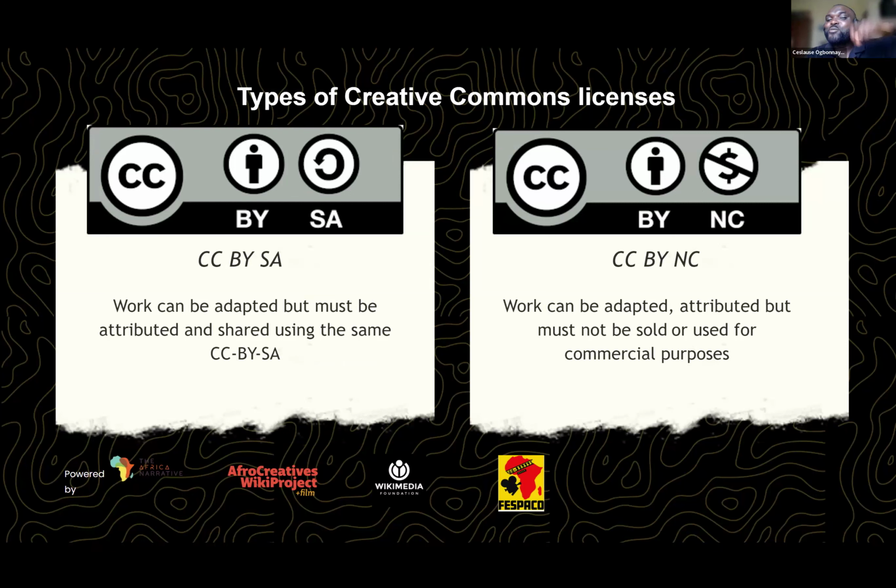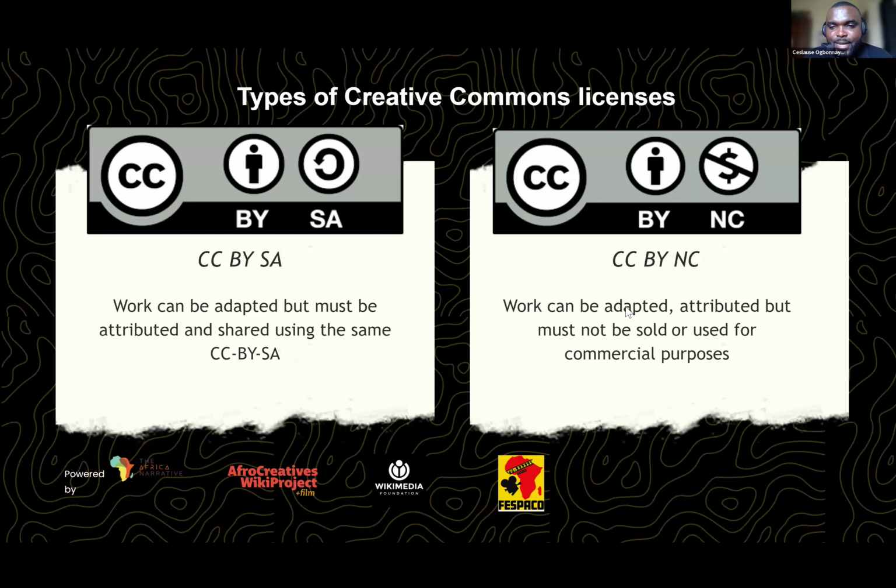And you must share this work again using the same CC BY SA Creative Commons license. You can't share the work using, let's say, CC0 or CC BY. If you meet this work under this license, you must release the work under this same license while attributing it to the original author. That's it.